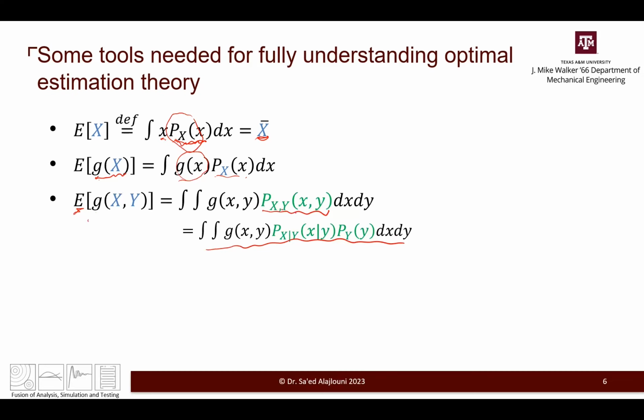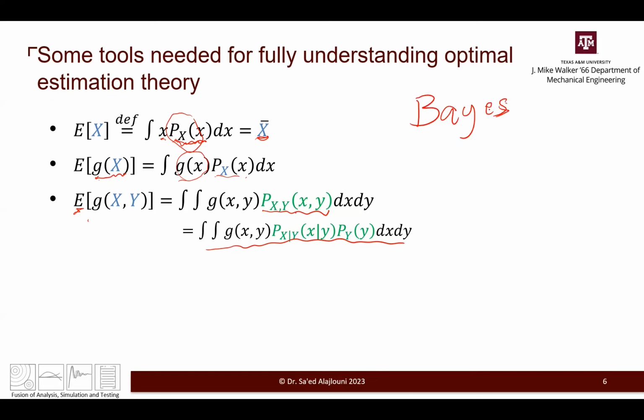But what I'm saying here is that the probability of x and y is nothing but the probability of x given y, this is what the notation means, times the probability of y. And this follows from Bayes, or Bayesian statistics.